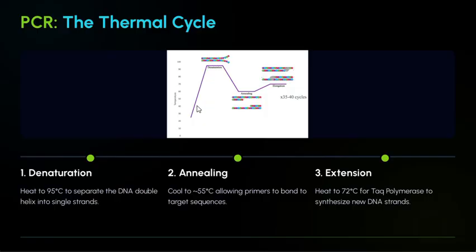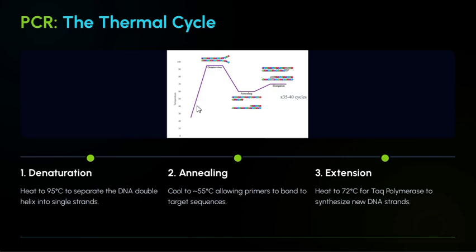And then we have annealing, which cools to around 55 degrees, allowing primers to bond to target sequences. Finally, we have extension, where it heats back up to 72 degrees Celsius for Taq polymerase to synthesize new DNA strands. And this is how, like with DNA origami, they self-assemble with each other. But I can go way deep into that because that's just something I'm really into.